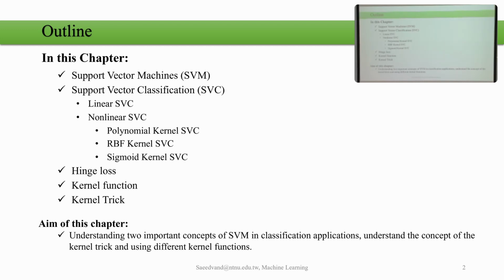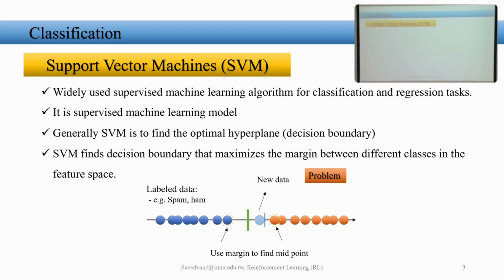So after finishing this chapter, you're supposed to understand how SVM works and how we can use it in different real-life applications as one of the popular algorithms of machine learning.